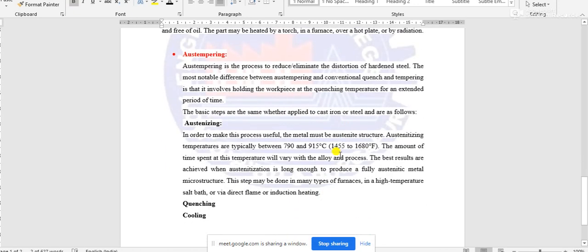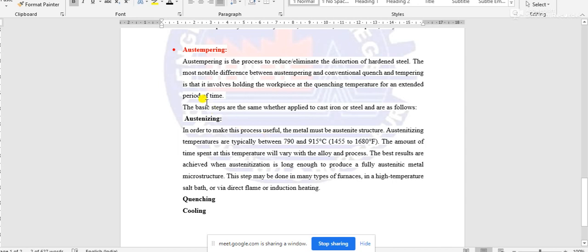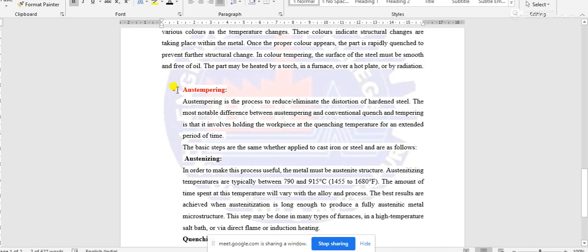Now the next special point is austempering. Austempering is nothing but the tempering of austenite.